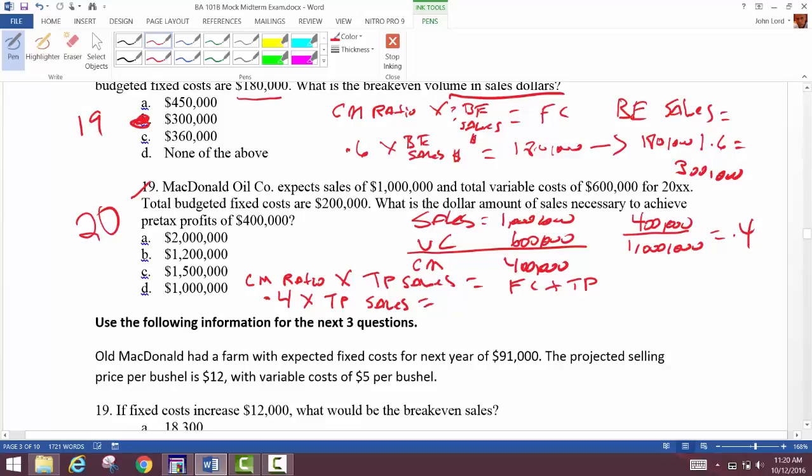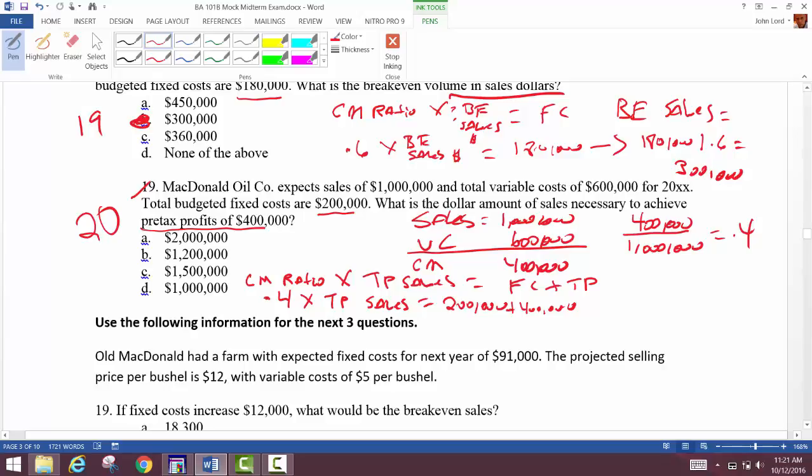And that has to equal, and my fixed costs are 200,000. And my what? Target profit is 400,000. Right? Okay.